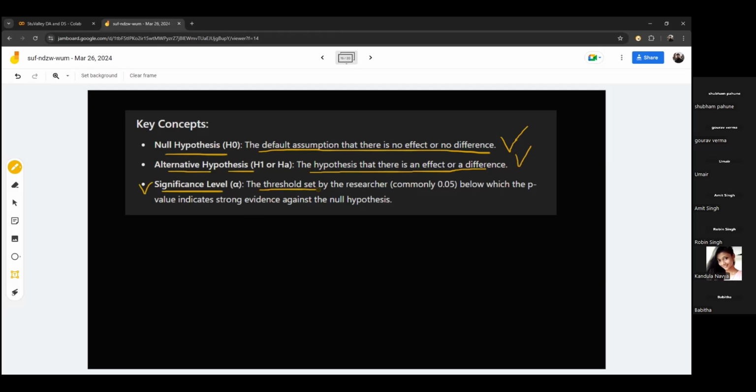Okay, what is significance value? The threshold set by a researcher, commonly 0.05, below which the p value indicates strong evidence against the null hypothesis.